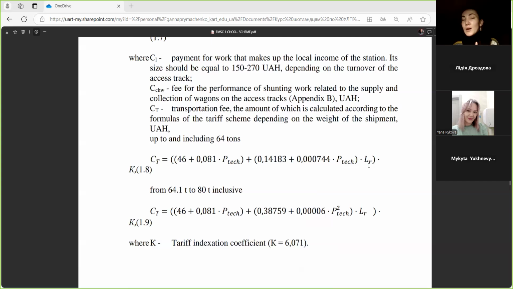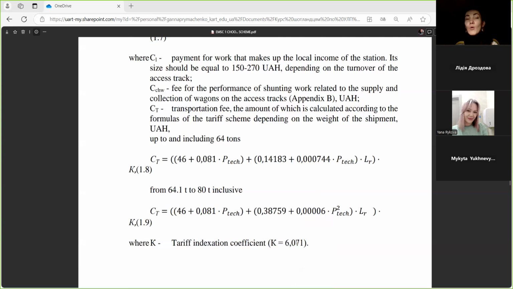We need such parameters. I now open the table and you could find your distance for delivery by railway transport and put it here. So be very careful and multiply by k. It is the tariff indexation coefficient.